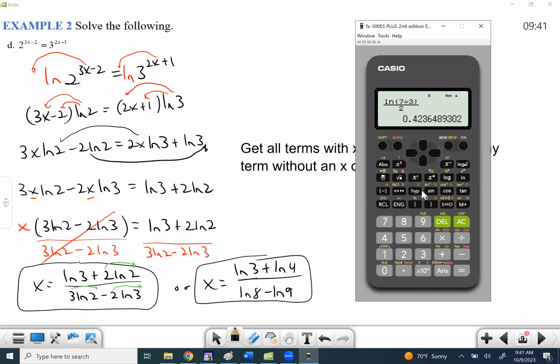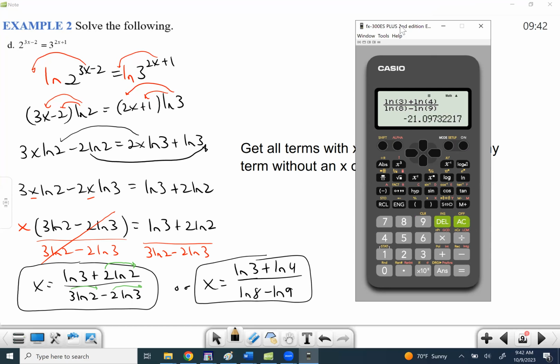Okay. All right, I'll go ahead and get my fraction going. So we've got natural log of 3, close your parentheses, plus natural log of 4, close your parentheses. Oops, and then we have natural log of 8 minus natural log of 9. Oops, I guess I didn't put the natural log that time. There we go.